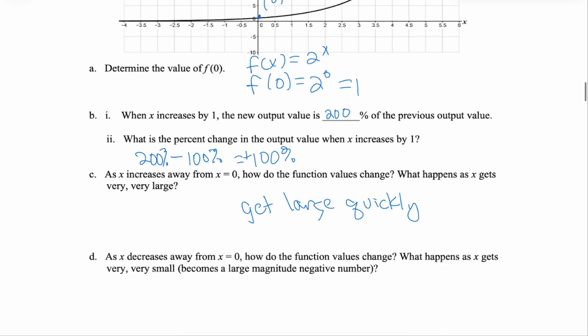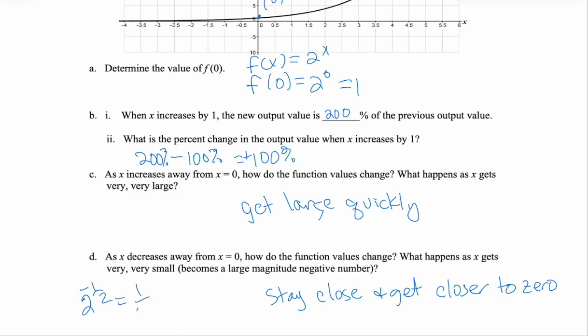As x decreases away from 0, how do the function values change? They stay close to 0. So we're talking about this end of the graph. It never hits it, but they stay close and get closer to 0. Now, why is that? Well, if we take 2 to the negative 1/2 power, a negative exponent flips it.